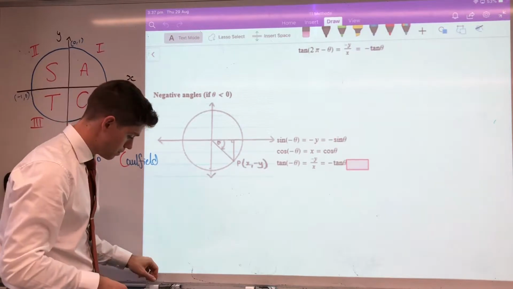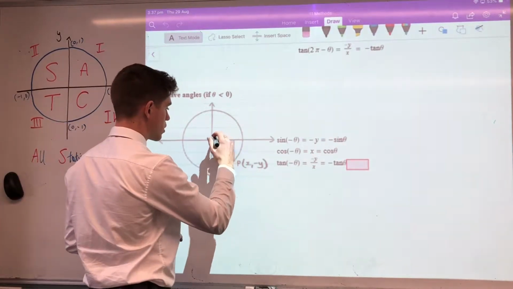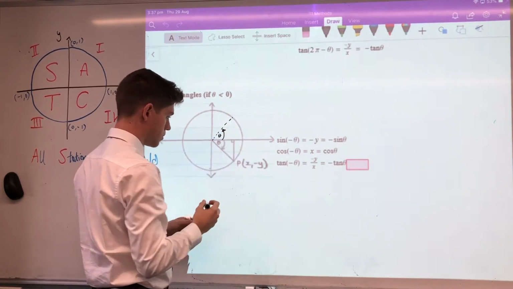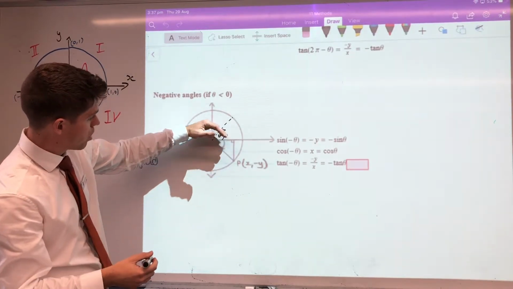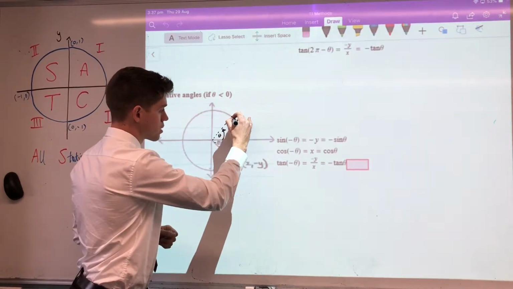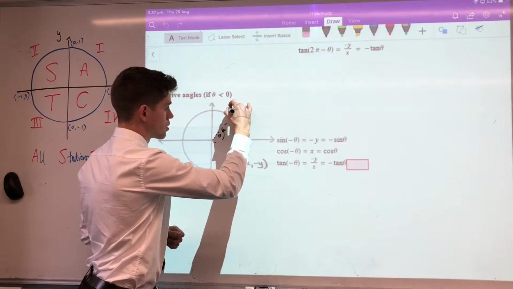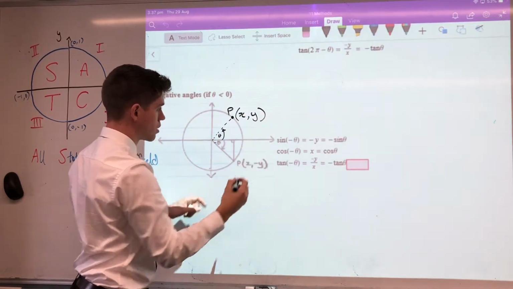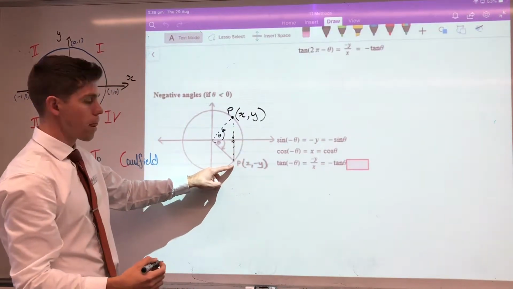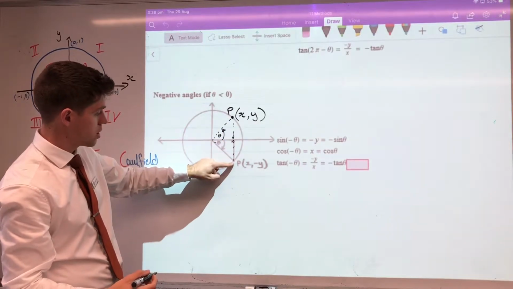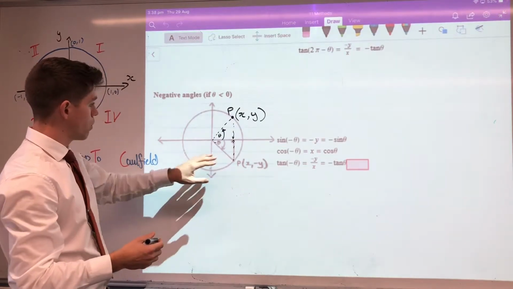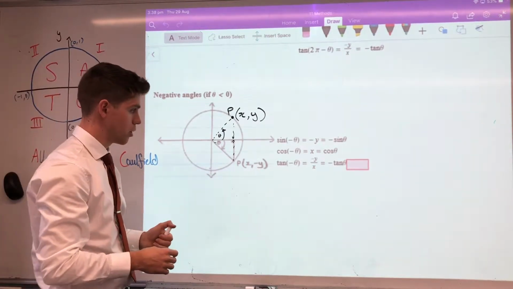Now, as we can see, having a negative theta is going to give us the same x value, but the y coordinate is a negative value of the same y coordinate. So we're going to explore this in some worked examples just below.